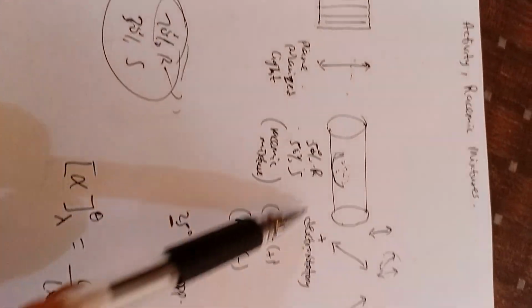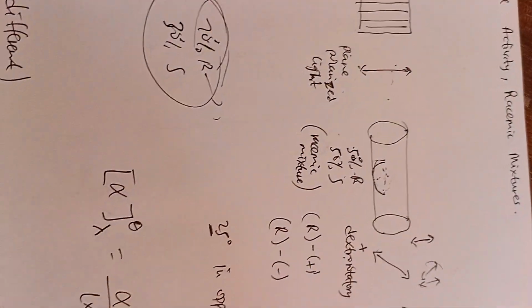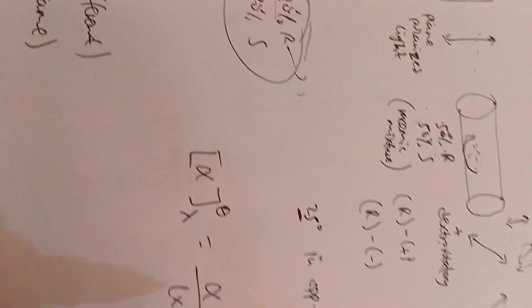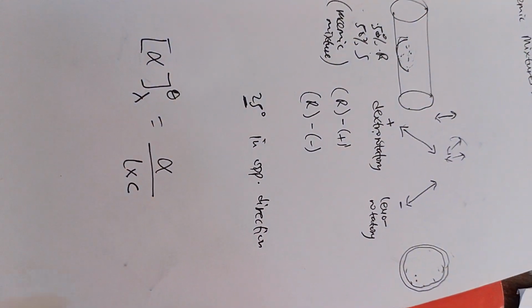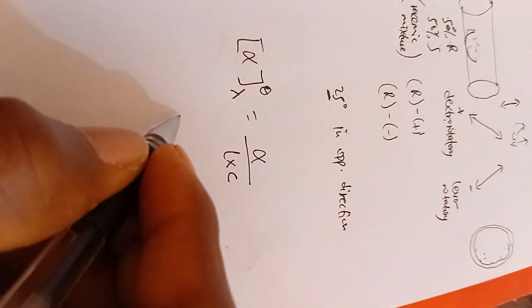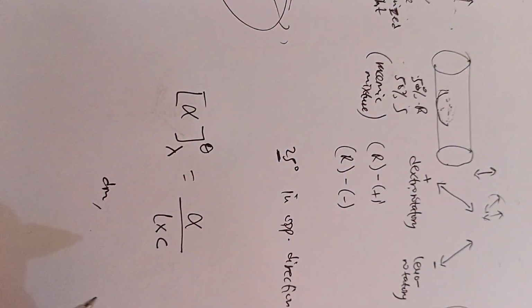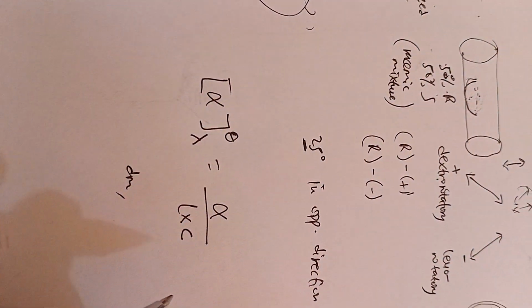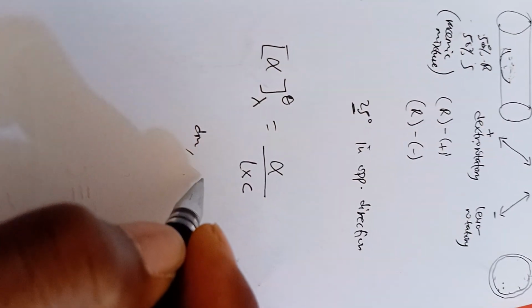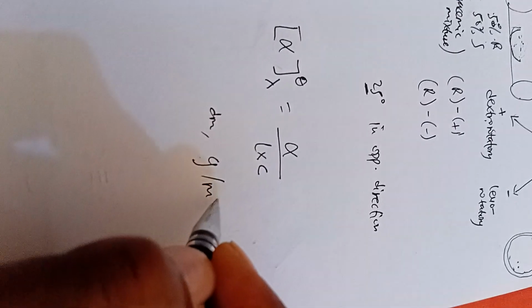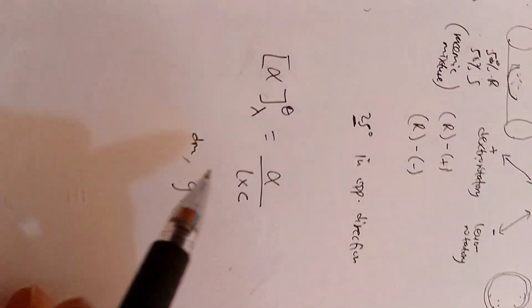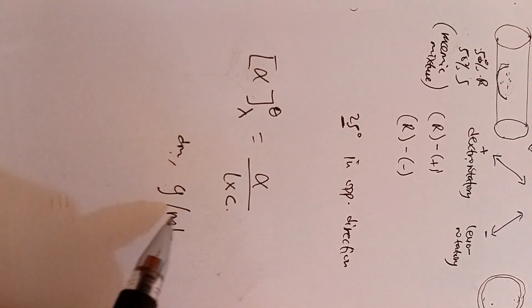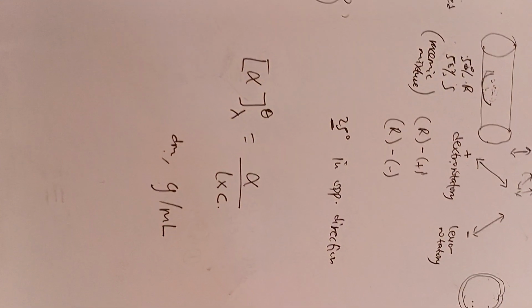To get the specific rotation of the plane polarized light, you need to know the observed rotation you observe here, whether it is 25 degrees, negative or positive. And then the length of the tube, your polarimeter, should be in decimeters. And the concentration of the substance, the compound there, should be in what? Yes, your length of the tube in decimeters, your concentration in grams per milliliter.